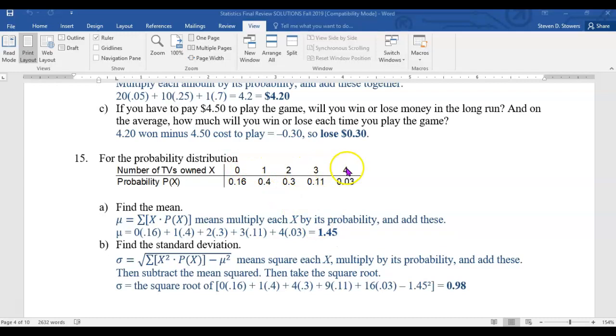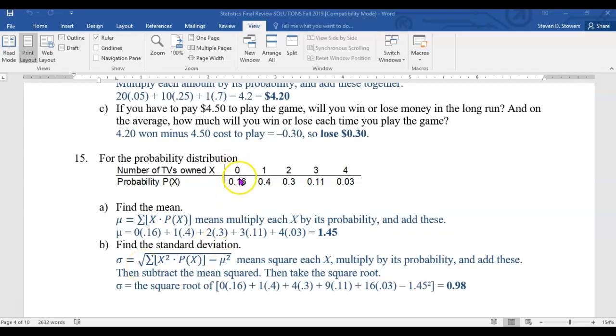Your mean should always be somewhere in the middle of the x values. And for the standard deviation, what this is telling us to do is add up x squared times p of x, then subtract the mean squared, and then take the square root.